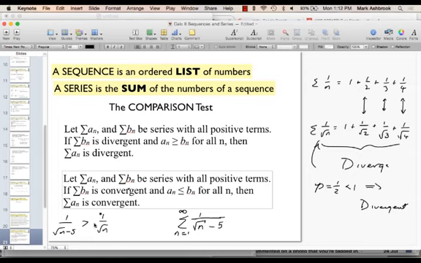And if those sum up and are divergent, then what about this? They're all greater than it. That's using this comparison test. So this is divergent by comparison to a p-series. Divergent by comparison to 1 over square root of n, because all these terms are greater than those.